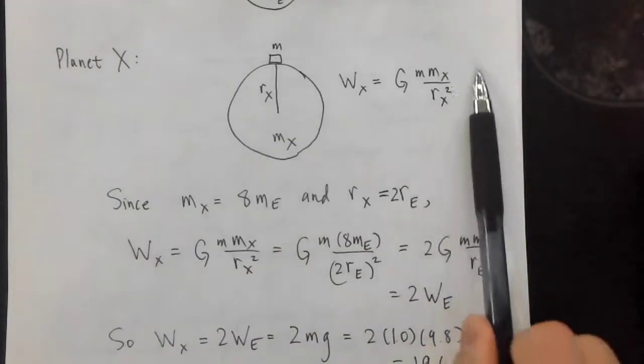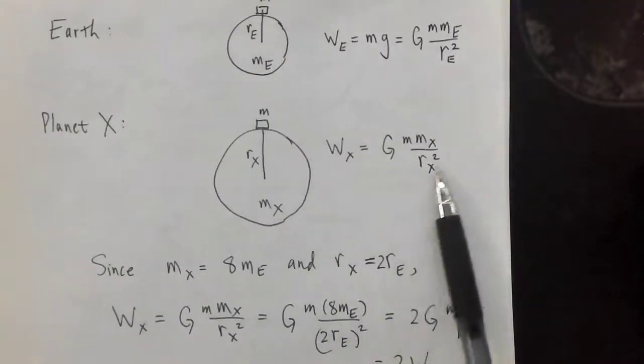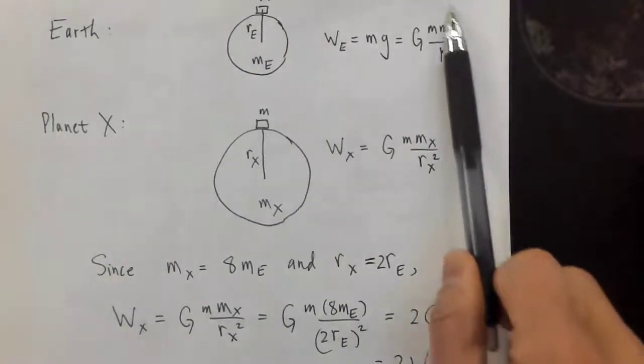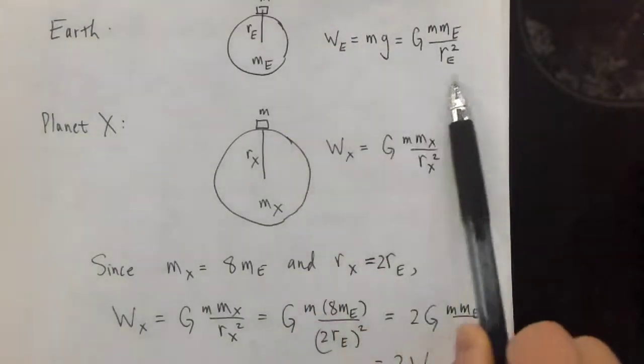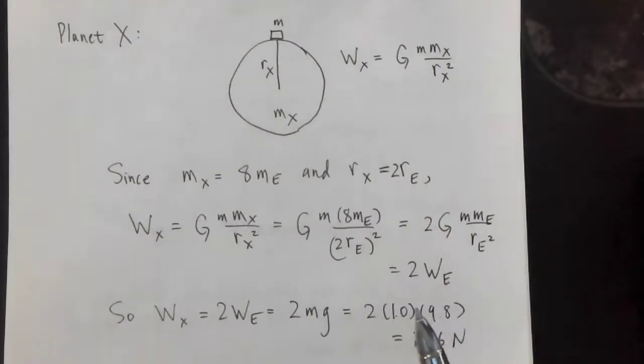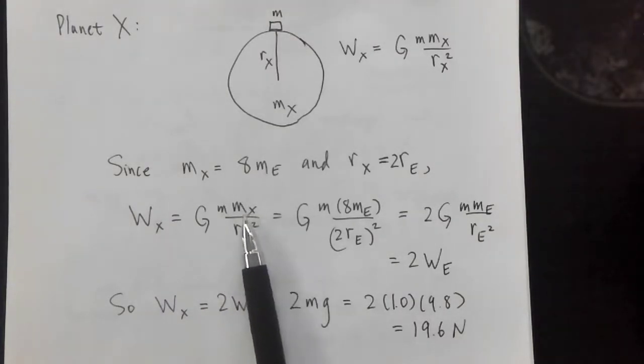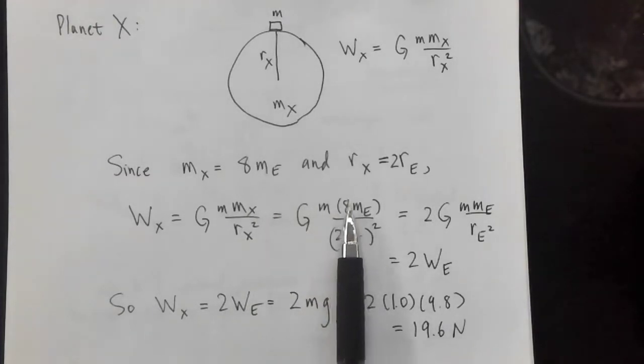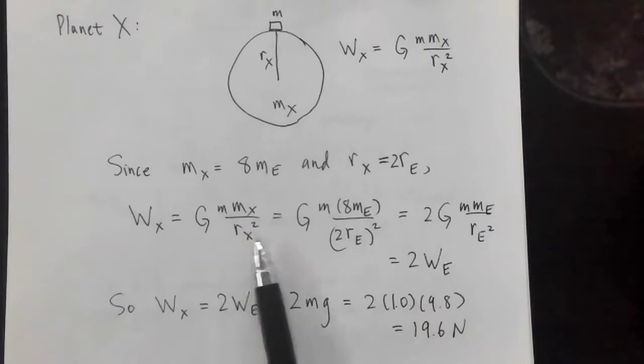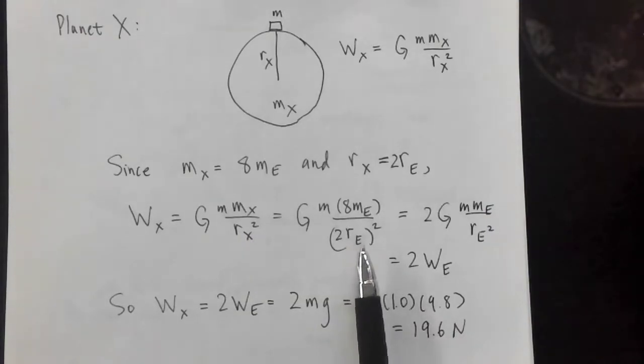So now the idea is I'm going to play around with Wx so that I get something that looks like We with some extra factors out in front, and that will let me solve the problem. So Wx is G m Mx divided by Rx squared. Then I plug in Mx is equal to 8 Me, and I plug in Rx is equal to 2 Re, and that needs to be squared.